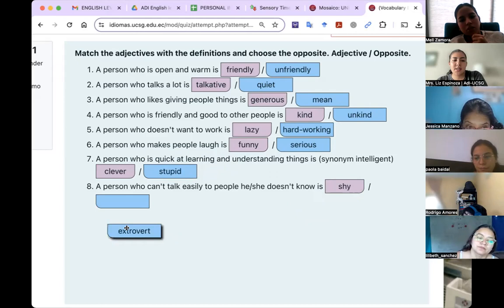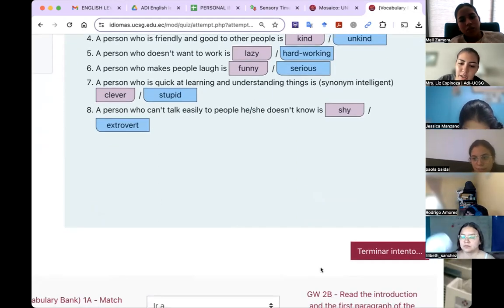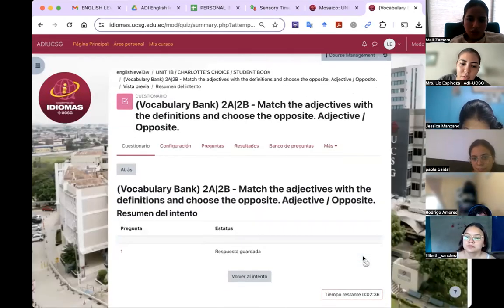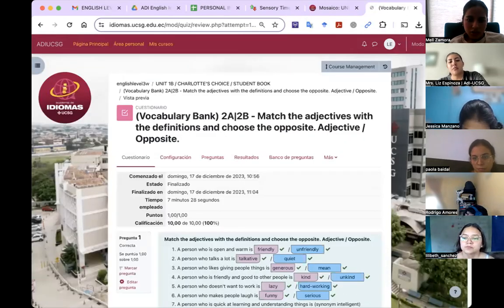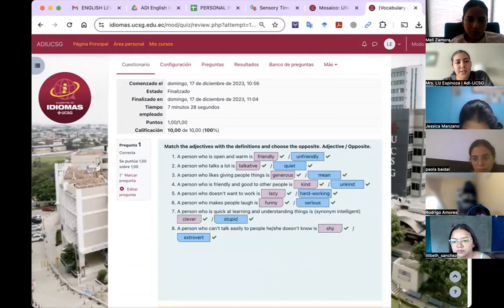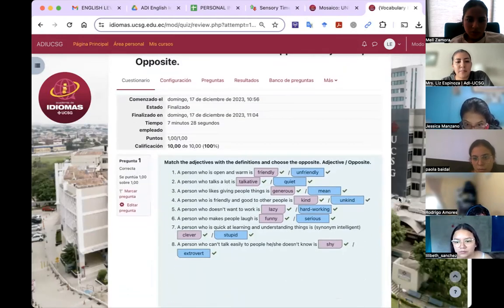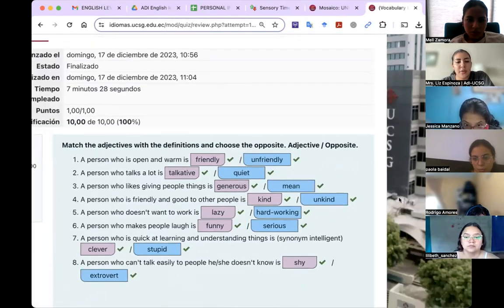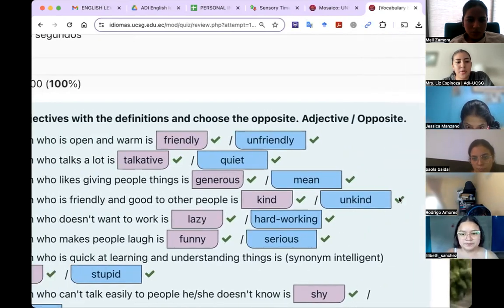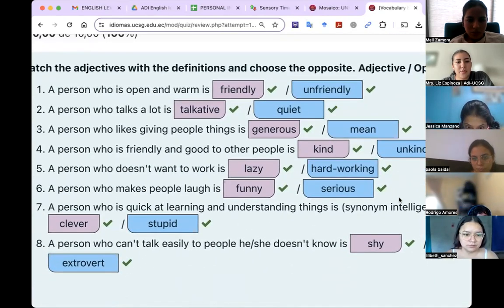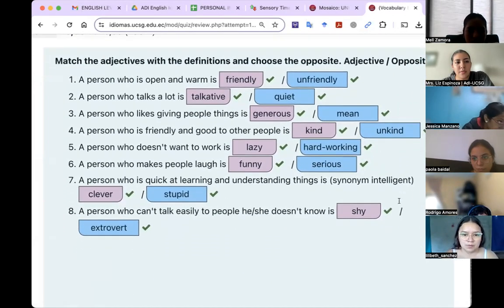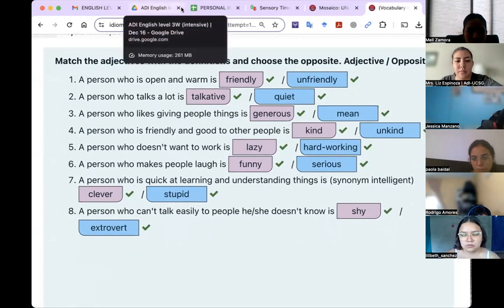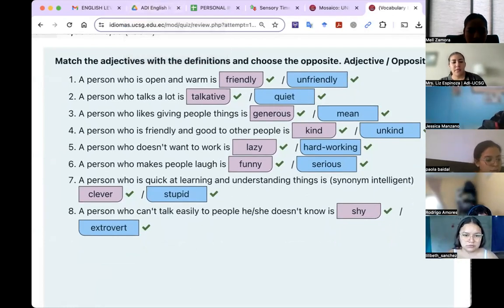And then the opposite is extrovert. Let's see if we have chosen the right answers or not. Yes, we did it. Okay, so match with the opposite. These are the options. Great. Go and answer.